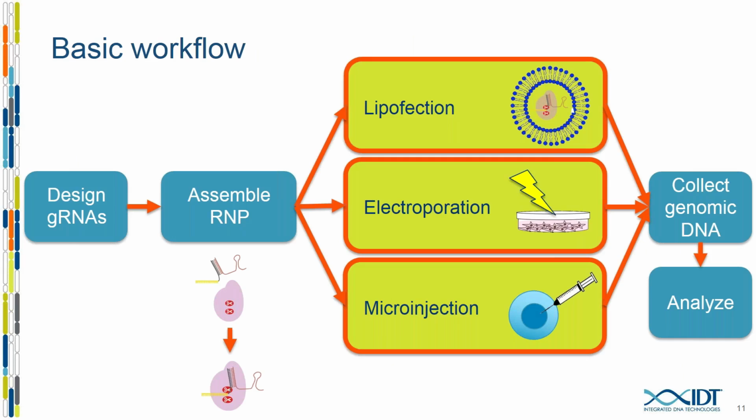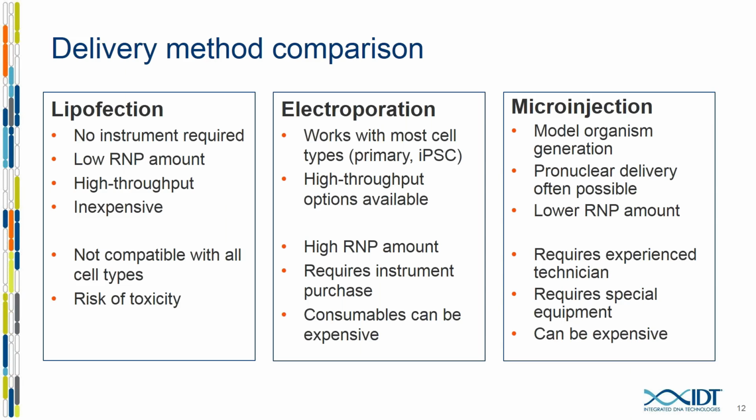So now we're ready to actually deliver the RNP to the cells or to the samples that you're working with. I'll talk about the differences between these 3 common delivery methods. With lipofection, this is probably the easiest of the delivery methods because you don't need an instrument to even get started. You simply order the lipids.